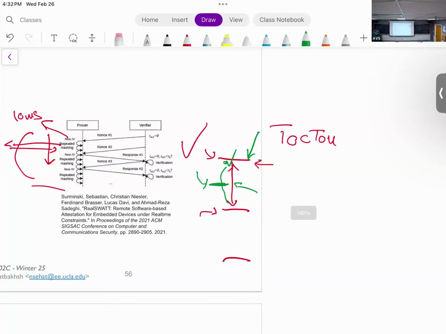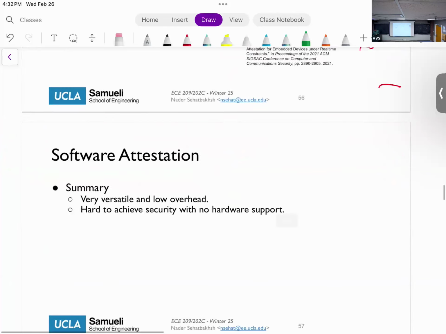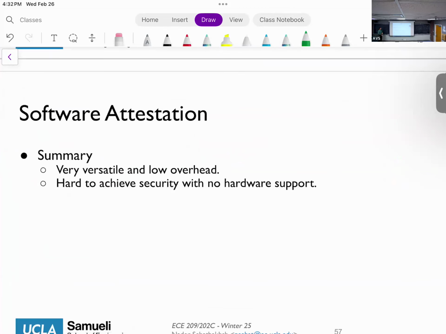All right, so, a kind of summary. Software attestation is very versatile, very low overhead, and doesn't rely on any sort of hardware. It can run on virtually any system. But of course, it's hard to achieve security because it has restrictions. For example, it cannot work on systems with high jitter.